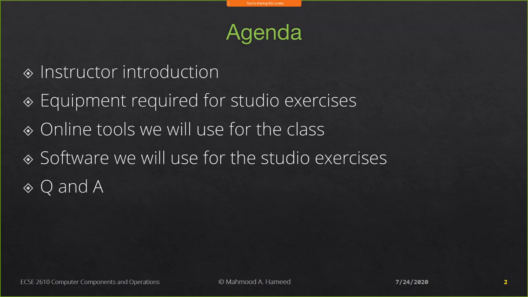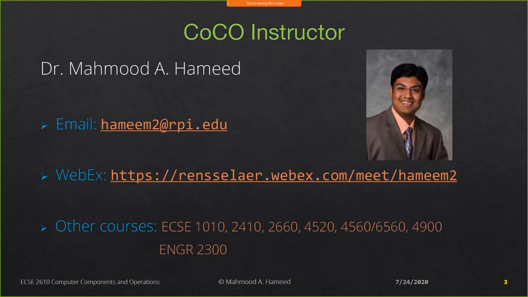Then we will go into the online resources that are going to be used for the class. I'll also talk about how the lecture is going to be run. And then we'll talk about the software that you guys will need to install, perhaps a week before classes start. And then I'll take your questions. So that's the goal for today.